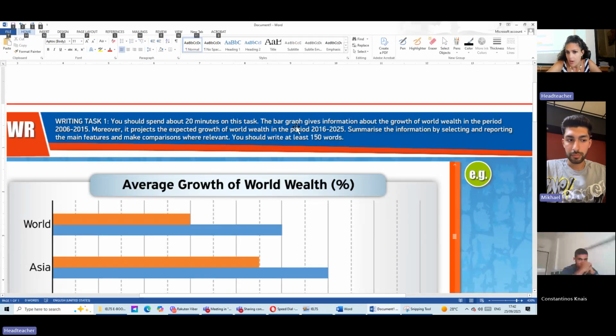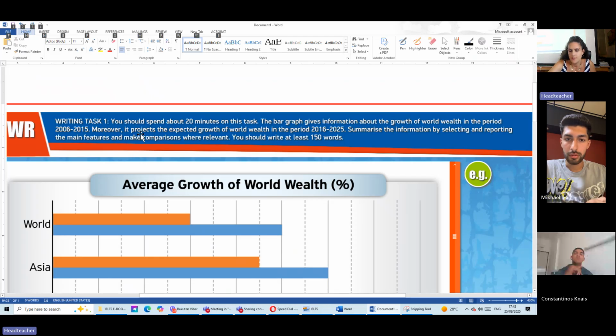Okay, the bar graph gives information about the growth of world wealth in the period from 2006 to 2015. Moreover, it projects. When it says it projects, what does it mean? What do you think it means? It projects. Not only shows, it's kind of a prediction.